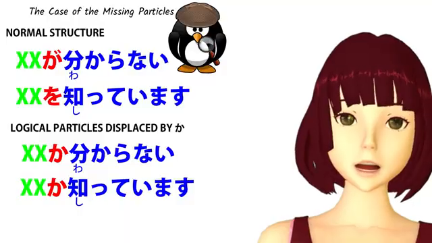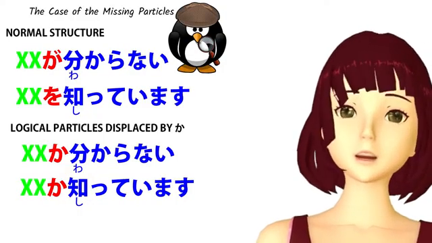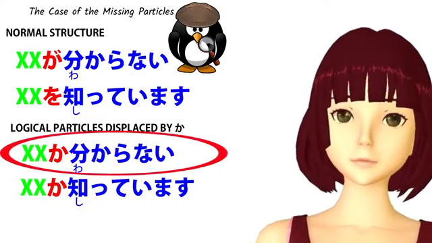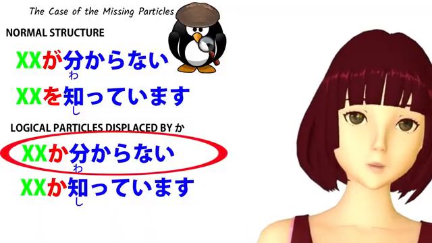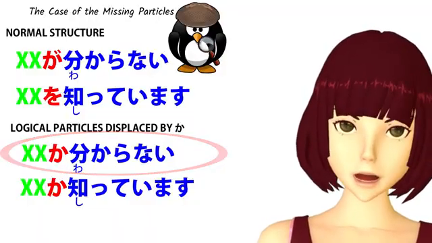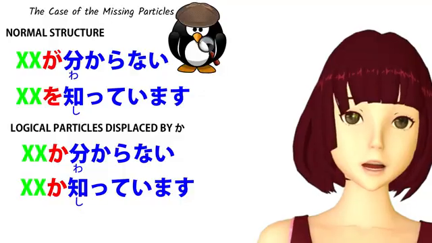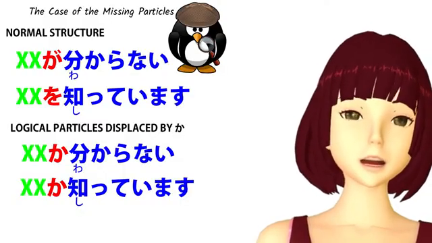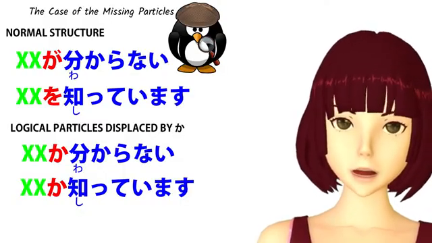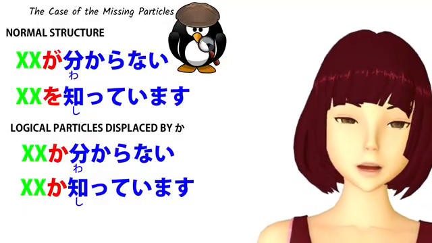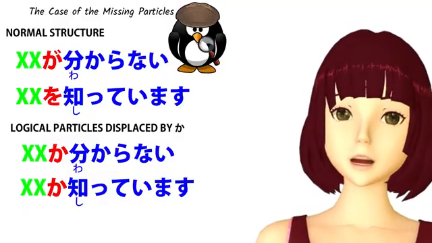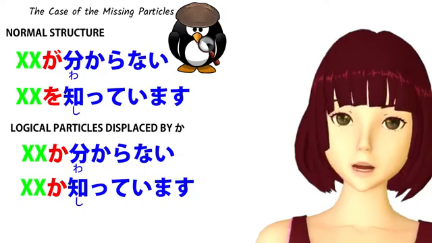So we say Sakura ga kuru ka wakaranai. Not Sakura ga kuru ka ga wakaranai. So Sakura ga kuru ka is a noun-like entity, which, because it ends in ka, doesn't need to take the usual logical particle.